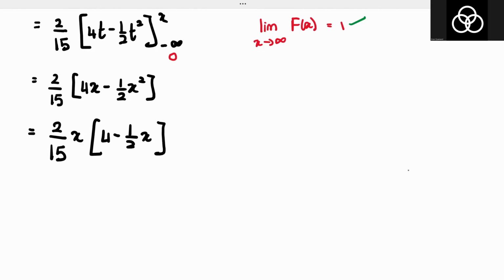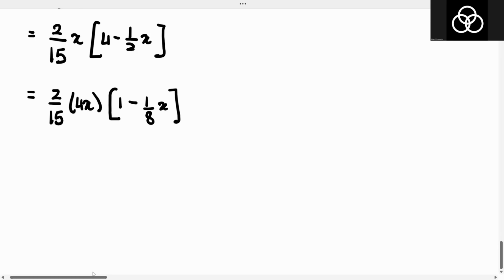Or what we could do, we could actually take out 2 on 15 times 4x. And over here, we're left with 1 minus, what times 4 will give us minus a half? Well, that is minus 1 over 8 x. So if we actually expand this bracket back out, we're going to get our original bracket over here, right? So we could write this in one of two ways.